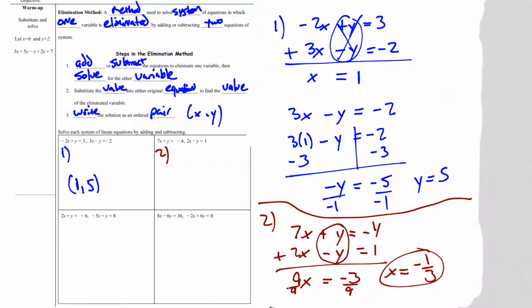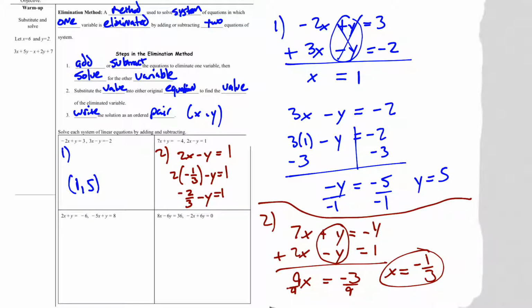Now that I know x is equal to negative 1/3, I can substitute it in for the value of x and determine y. So I have 2 times negative 1/3 minus y equals 1. This is basically negative 2/3 minus y equals 1.